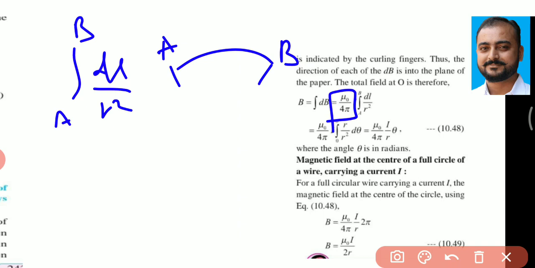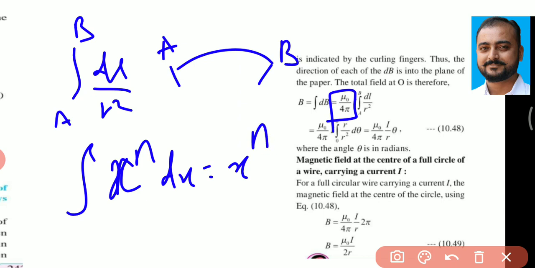Now as you take the integral of this, you solve this integral using the formula integral of x raised to n dx is equal to x raised to n plus 1 upon n plus 1.